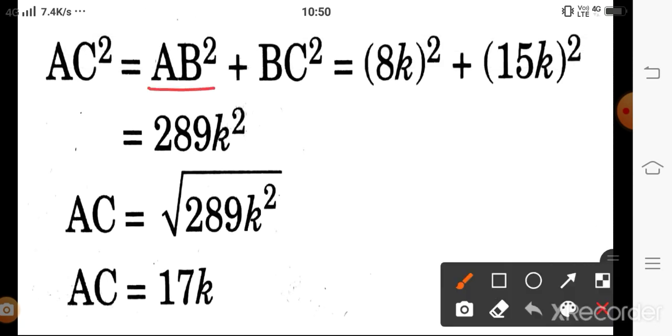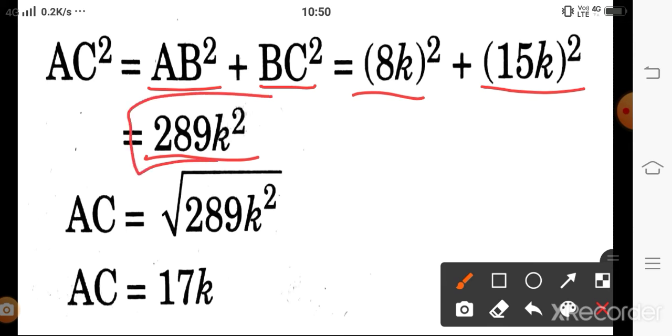AC square is AB square plus BC square, which is 8k square plus 15k square. That is 64k square plus 225k square, which equals 289k square. And 289 is the square of 17, so AC is 17k, meaning the hypotenuse is 17k.